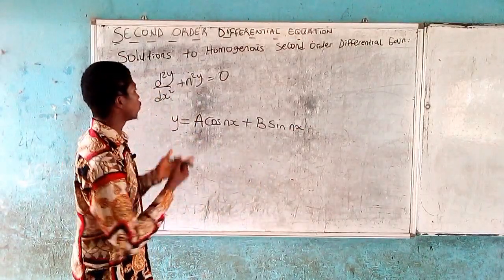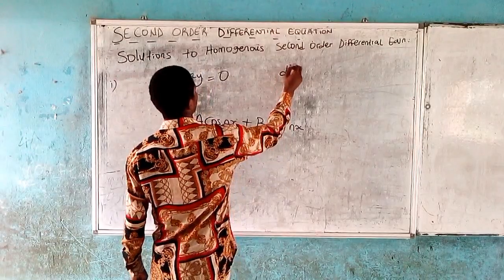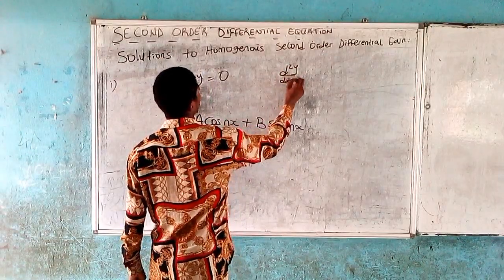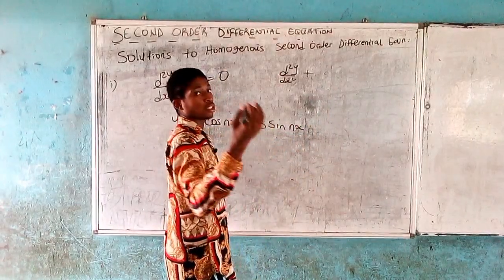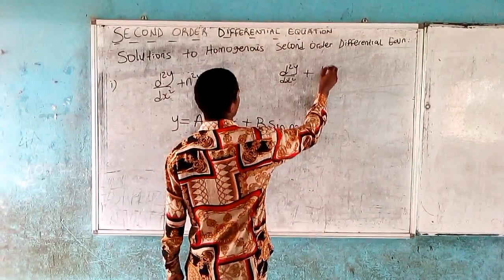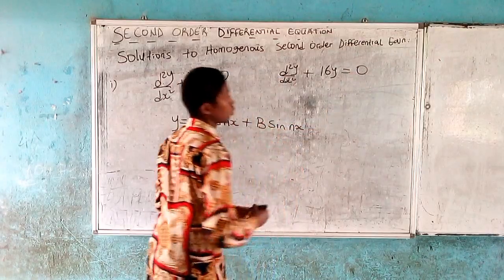So for example, imagine you have d squared y over dx squared plus 16y equals 0.